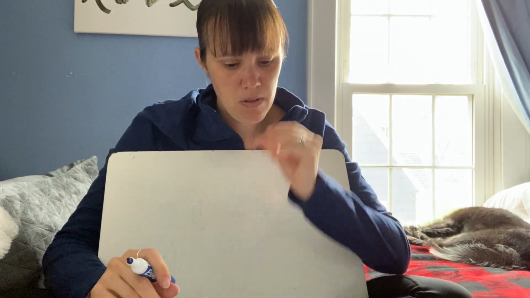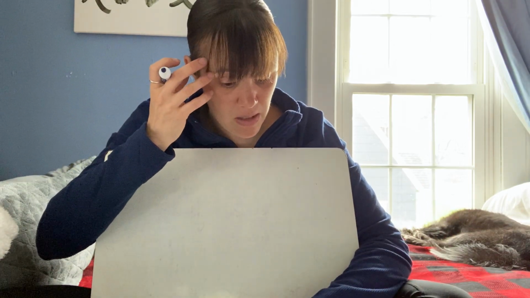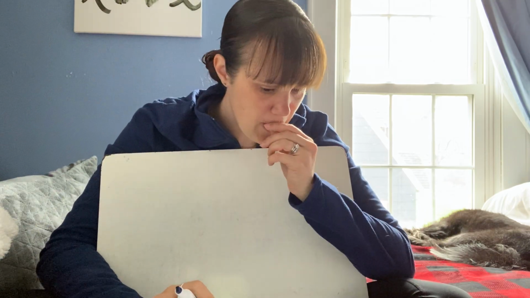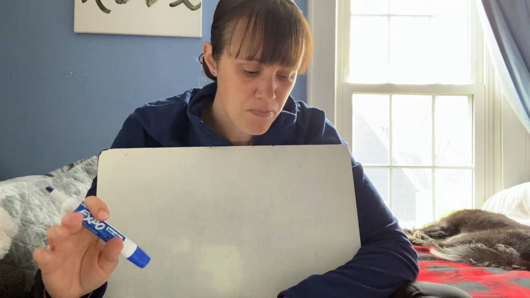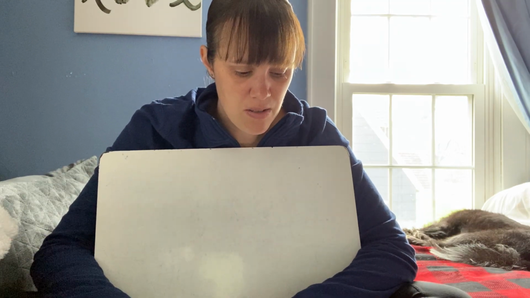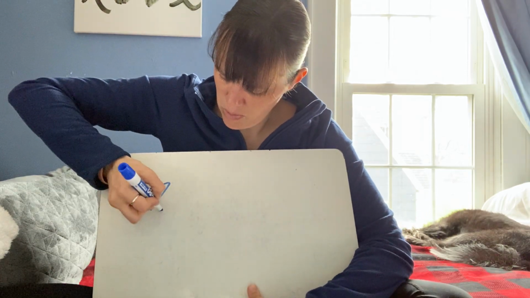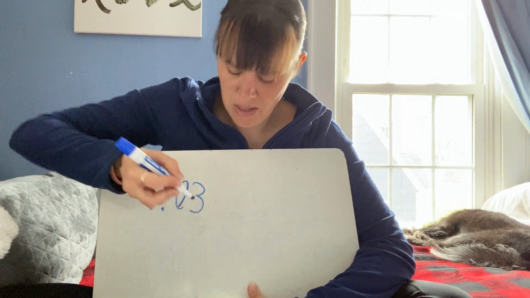So I'm trying to think which way you want to do this. I would probably just draw a line from all the way over on the right column to the decimal in the middle. So 7 3/100 would be equivalent to 7.03. That's the other way to write it.